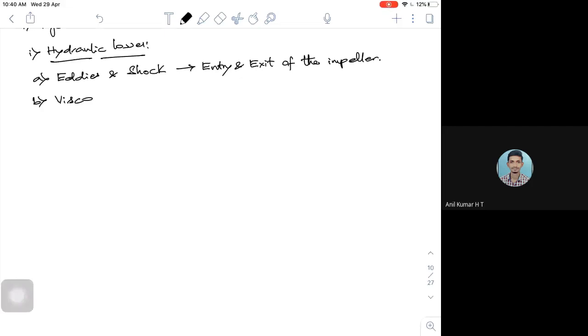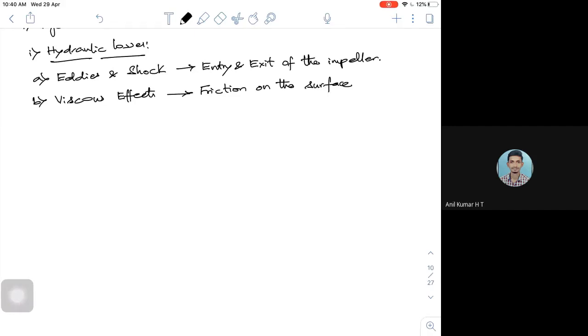The viscous effects. Viscous effects may lead to some kind of friction on the surface of the blade.